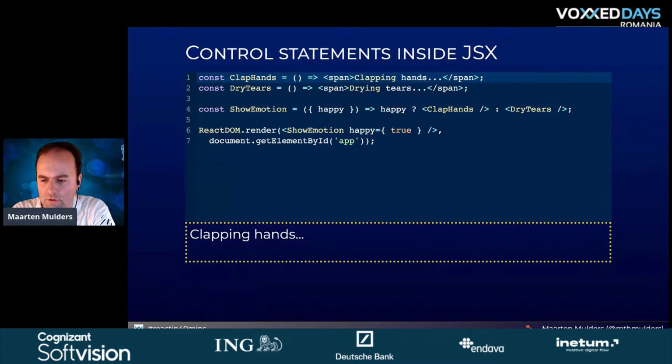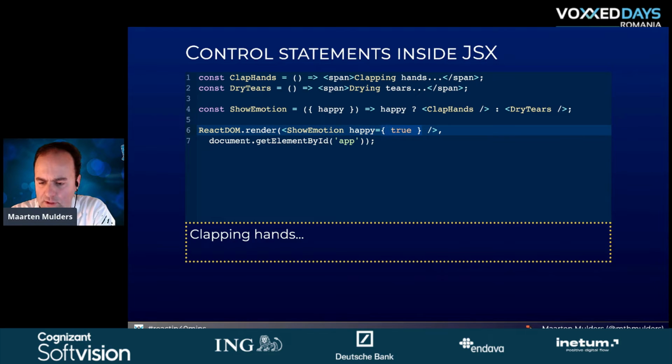Another thing that we can do in JSX is include control statements. The most simple one is a conditional. So here I'm creating a component that does something based on whether I am happy or not. I'm destructuring the props into a local variable happy. Here I pass the value true.